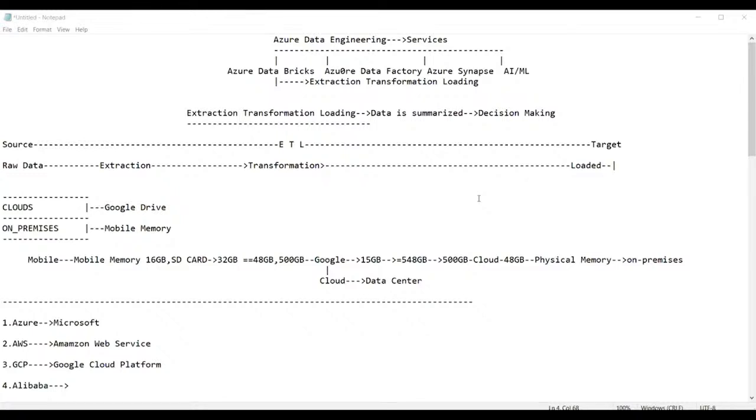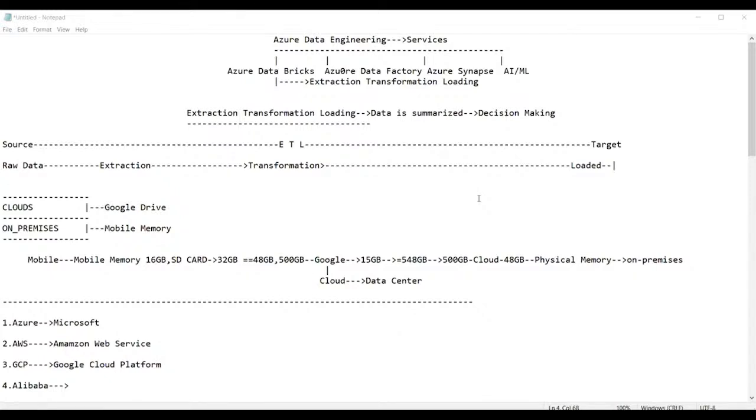ADB and ADF both are provided by Microsoft Azure, right? What is the main difference between ADB and ADF? If there is a project where you are going to use both, ADF is used only for the data ingestion process, that means insertion of the data.